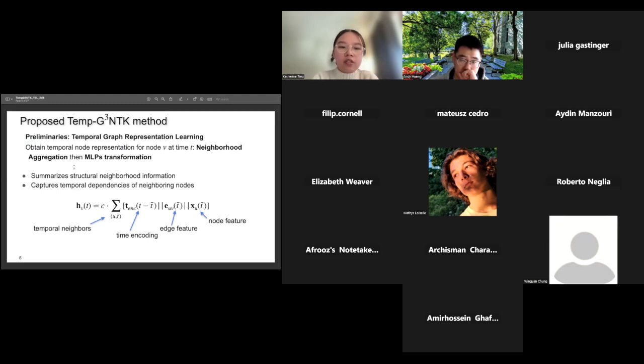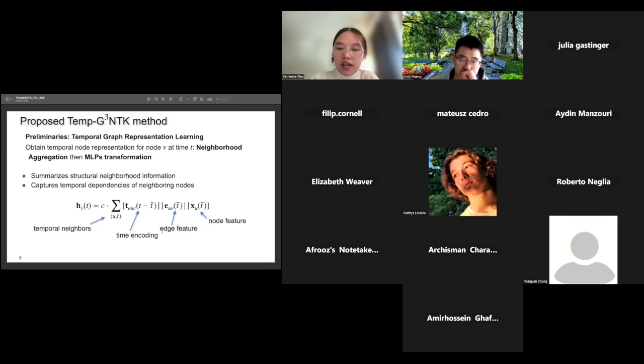First, we start with obtaining temporal node representation. In this paper, we start with a very simple neighborhood aggregation framework, which is: for a node v at time t, we aggregate over its temporal neighbors u at some time t-bar, which is previous, like this kind of temporal neighbor would occur in interaction with v before time t. For each temporal neighbor, the representation would consist of first the time encoding, which is the time difference encoded in a vector representation.